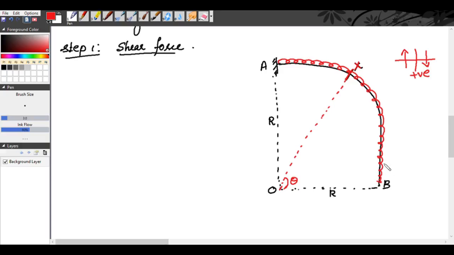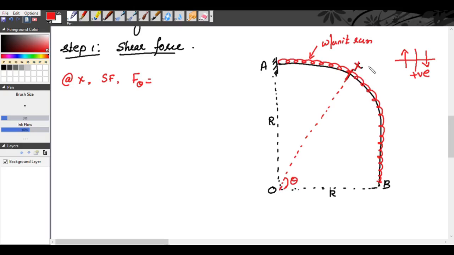Sorry, this is not independent of theta, because this is the summation of all the loads to the right of the section. So, when you take section X, your shear force F theta will be equal to: this loading is W, intensity W per unit run.